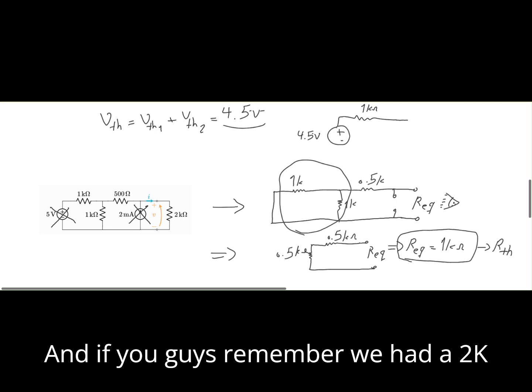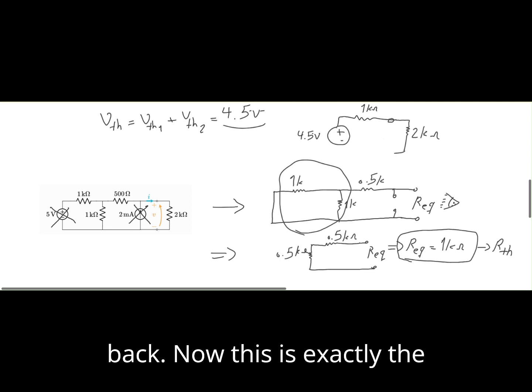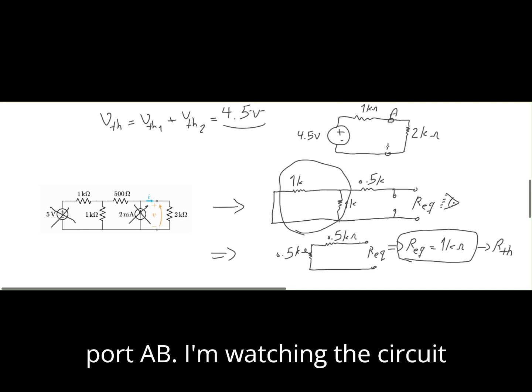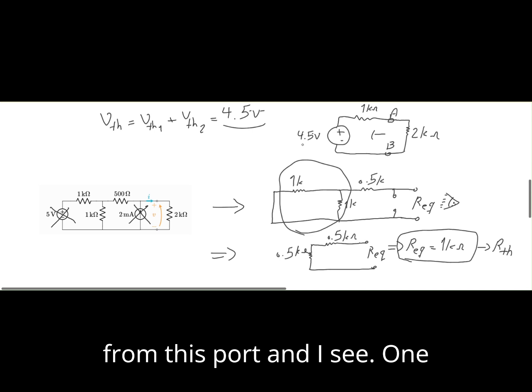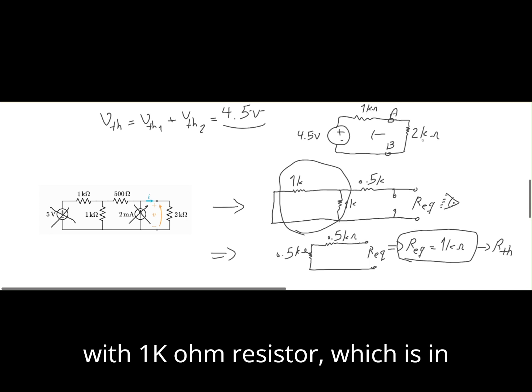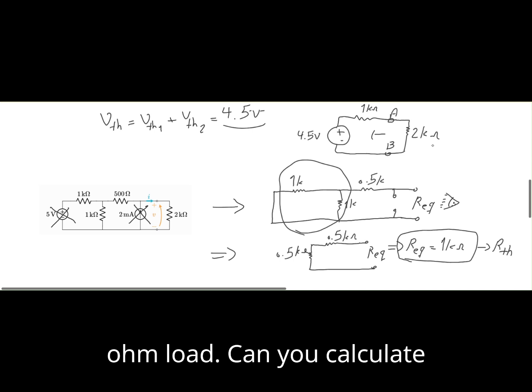And if you remember, we had a 2 kilo ohm load. I can just put it back now. This is exactly the same port AB, if you remember. I'm watching the circuit from this port and I see one 4.5 volt voltage source in series with a 1 kilo ohm resistor, which is now in series with another 2 kilo ohm load.